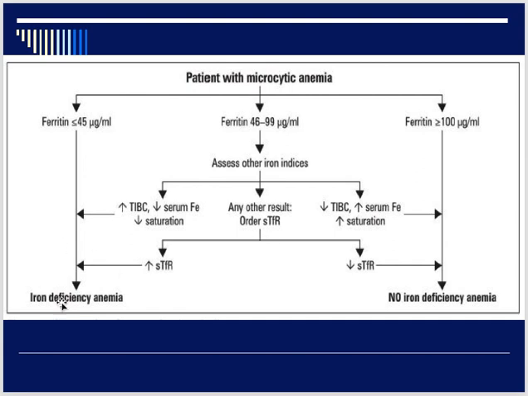Okay, the diagnosis is done. But if you find low MCV and low MCH, but the ferritin level in the body is good, the total iron binding capacity is low, or the serum iron is high, then of course there is no iron deficiency anemia. We must search for other causes.